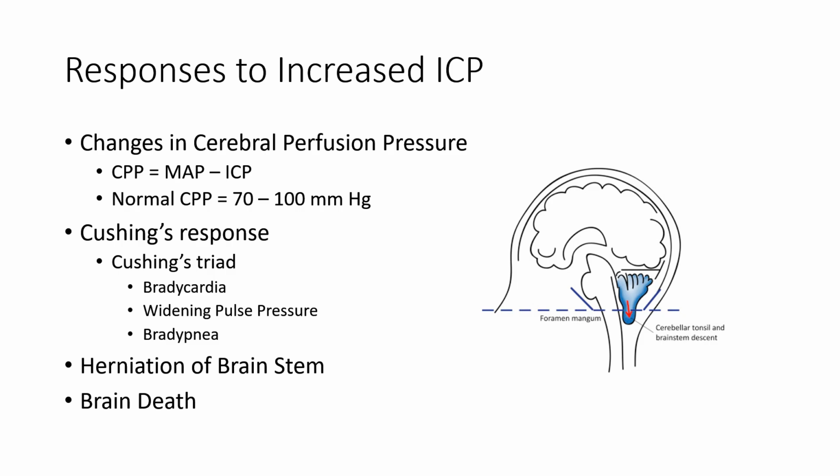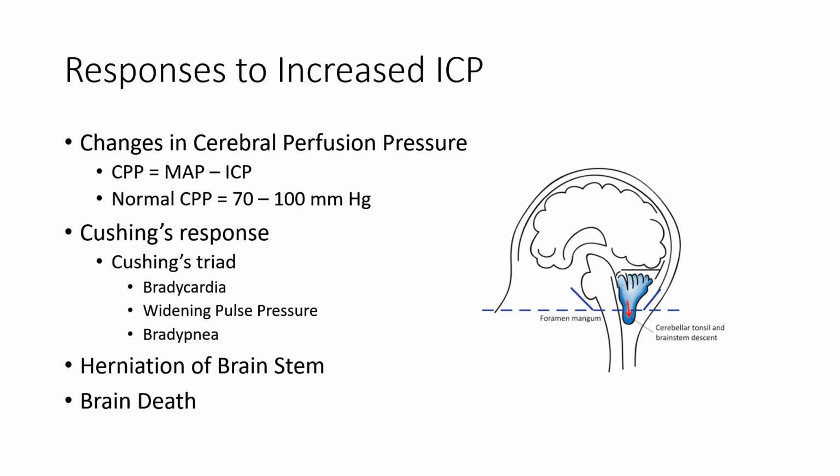Cerebral perfusion pressure is another definition and normal that I need you to memorize. Cerebral perfusion pressure is the pressure that is needed within the cranial vault to drive oxygen into the cerebral tissues.